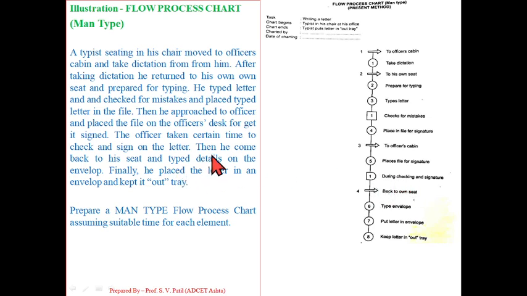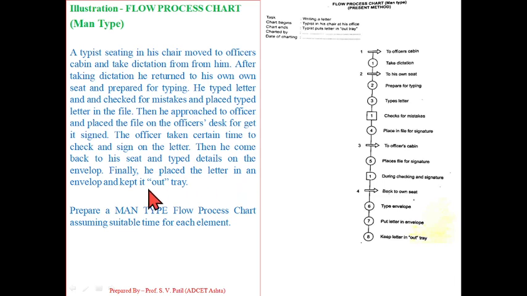Then the remaining part. Then he comes back to his seat and types details on the envelope. So here, transportation. He is moving towards his own place from the officer's cabin. This transportation has appeared 4 times, that's why it is numbered as 4. He is typing on the envelope, that is nothing but an operation, which is numbered as 6.